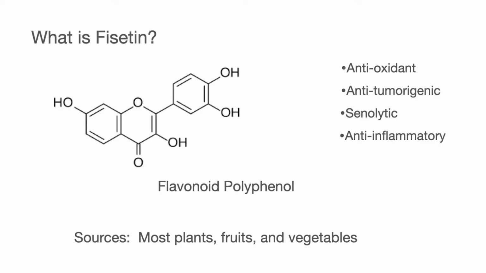But in terms of its senolytic capabilities, you know, senescence, as we've already discussed in some other videos, is stable cell cycle arrest. Okay, the cell changes shape a little, but it lives in perpetuity.